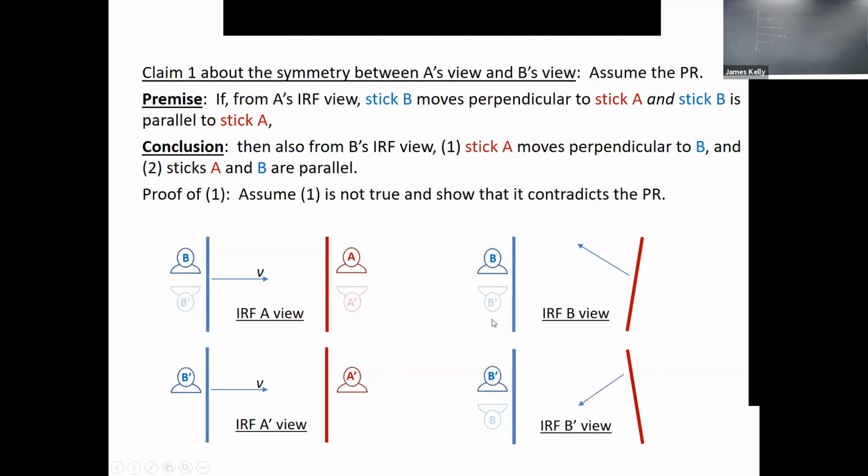If I draw it from B prime's point of view, of course, it just inverts the whole thing. It's almost a mirror image top to bottom. And what that means is, if B sees this meter stick going towards B's head, B prime is going to see the meter stick going towards B's feet. Okay, simple and possibly boring enough.